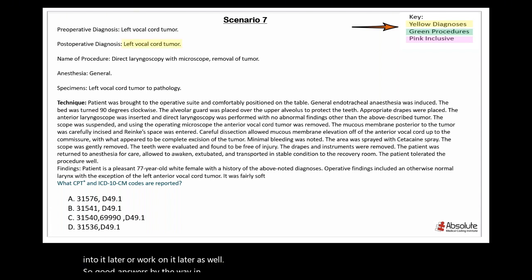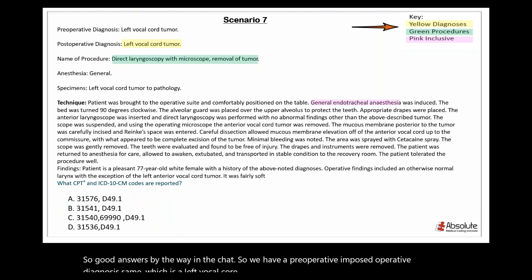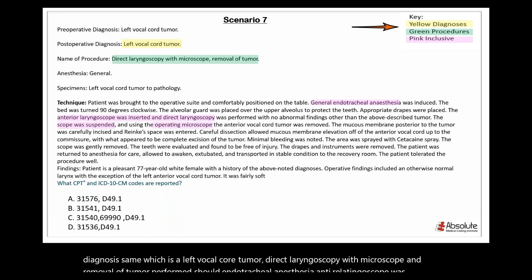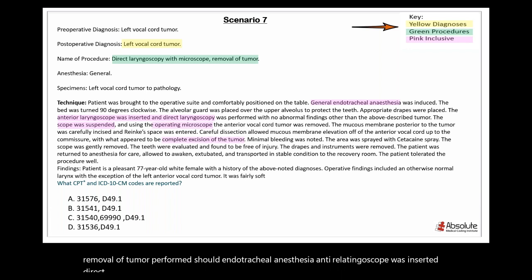So we have a preoperative and postoperative diagnosis that are the same, a left vocal cord tumor. Direct laryngoscopy with microscope and removal of tumor performed, general endotracheal anesthesia, anterior laryngoscope inserted, direct laryngoscopy, scope suspended, operating microscope, complete excision of the tumor.